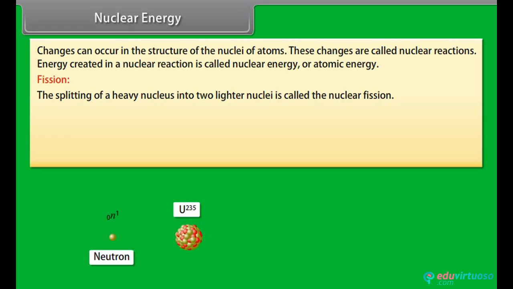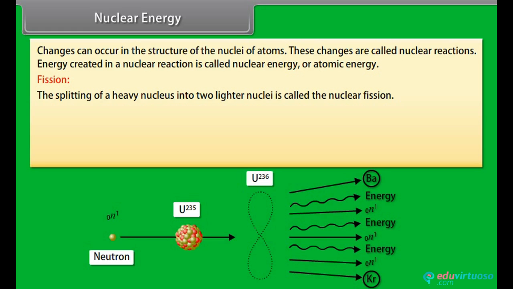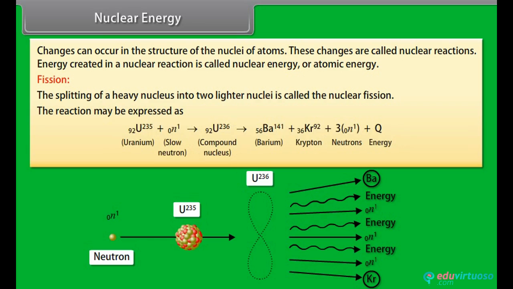When a slow neutron strikes a uranium-235 nucleus, it is absorbed by the nucleus and an unstable isotope of uranium, U-236, is formed, which immediately breaks into two fragments, emitting 2 or 3 neutrons with release of enormous amount of nuclear energy.